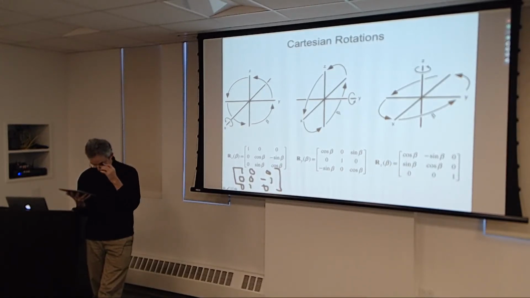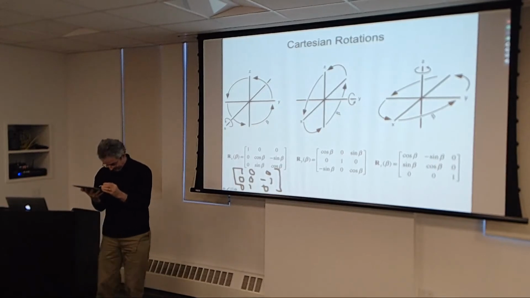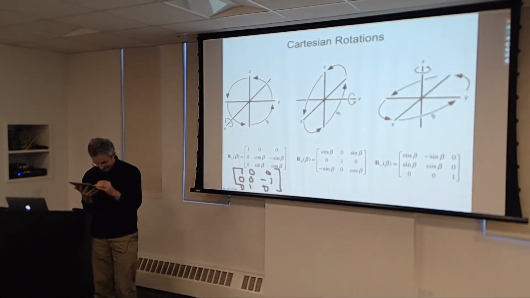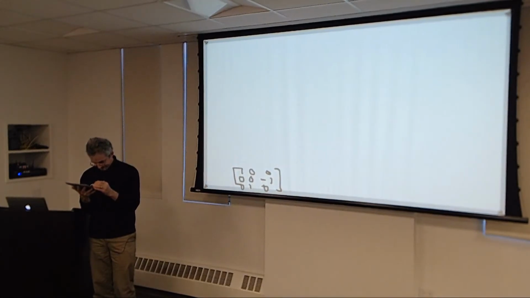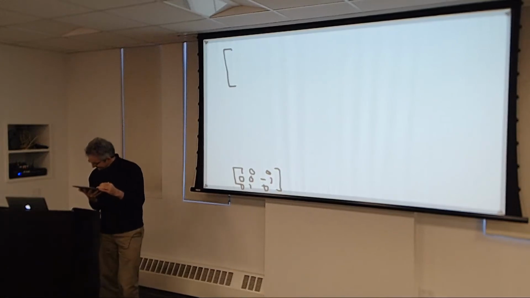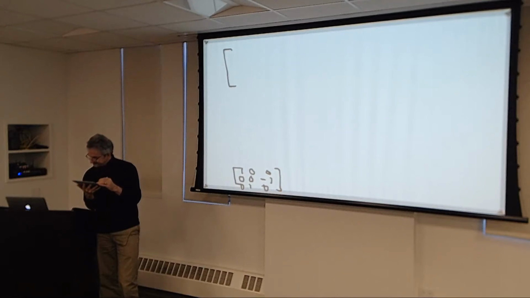So with that, if I can remember that long enough, we want to multiply: we have 1, 0, 0, 0, 0, minus 1, 0, 1, 0.